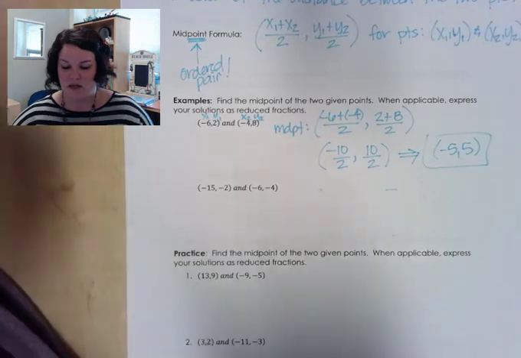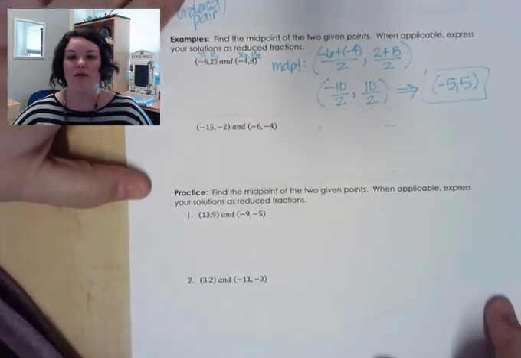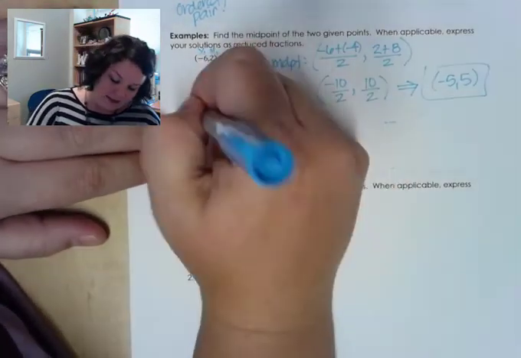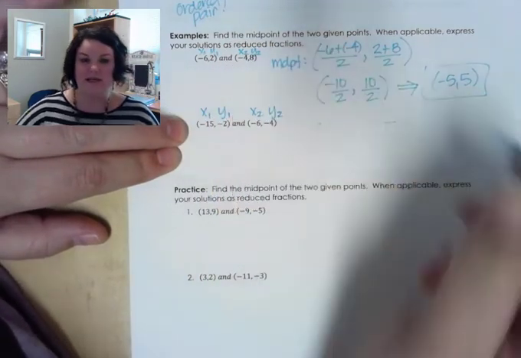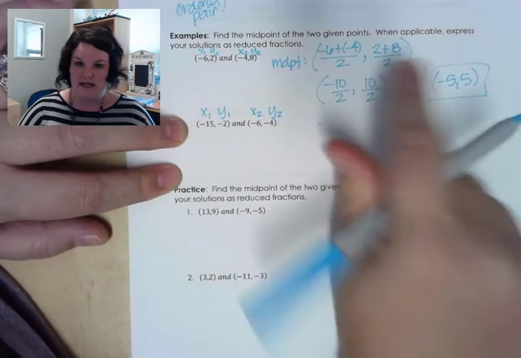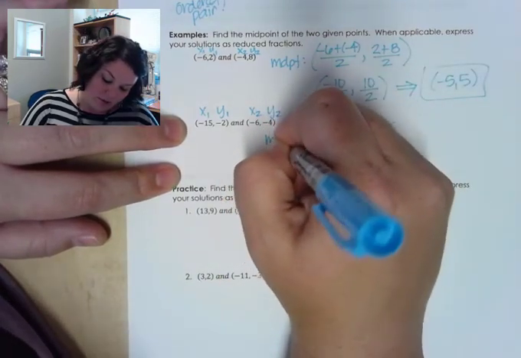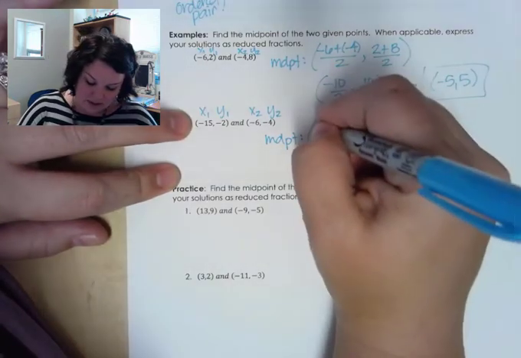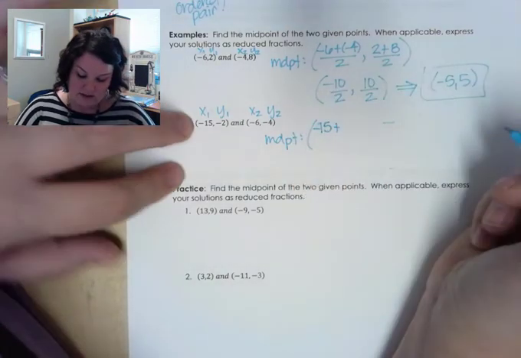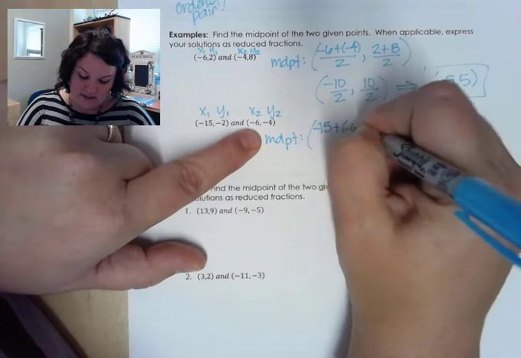Okay, not too bad. Let me do one more and then I'll have y'all try one. So on this one, same thing. This is my first x, my first y, my second x, and my second y. And I'm just going to plug it into that midpoint formula. My midpoint formula says to take the average of my x's. So my first x is negative 15 plus my second x, which is negative 6.